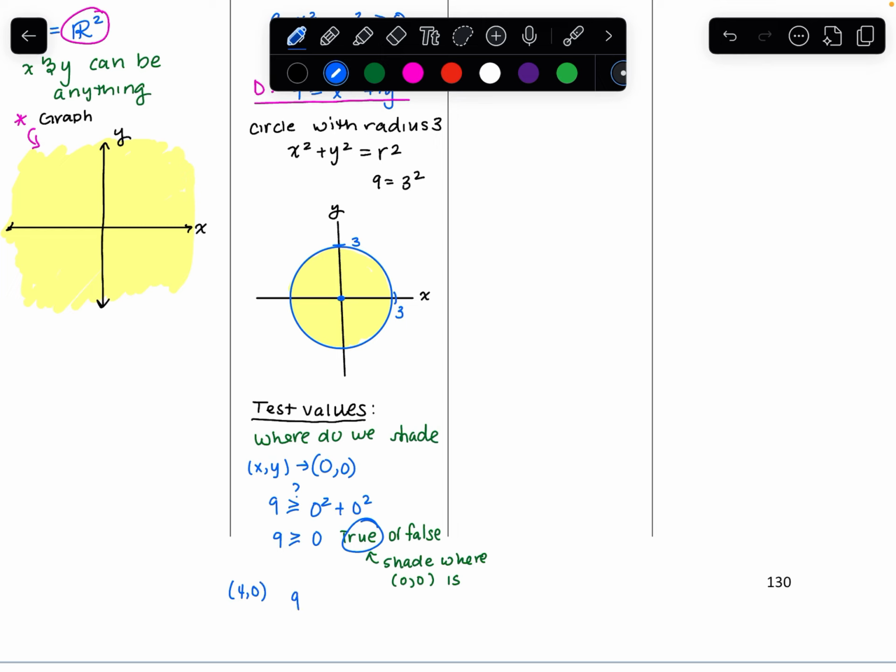Right? So is 9 bigger than or equal to 4 squared plus 0 squared? So 9 greater than or equal to 4 squared, which is 16. And look at that, false. Right? So that's a point right over here. What that's saying is don't shade here.